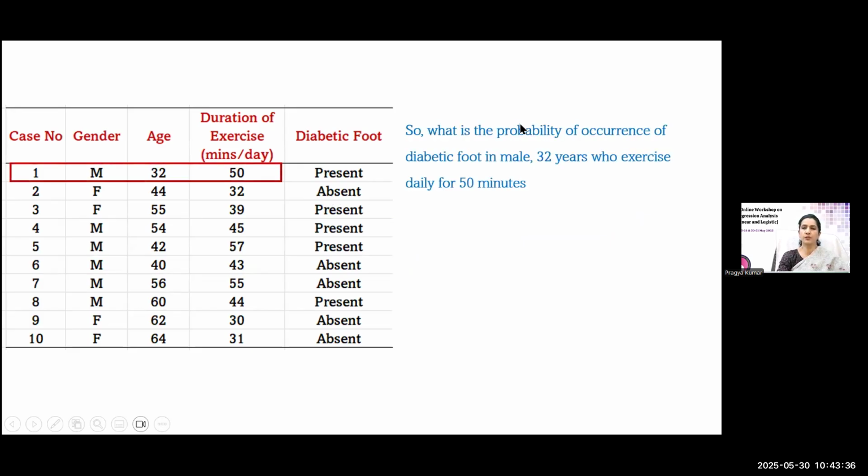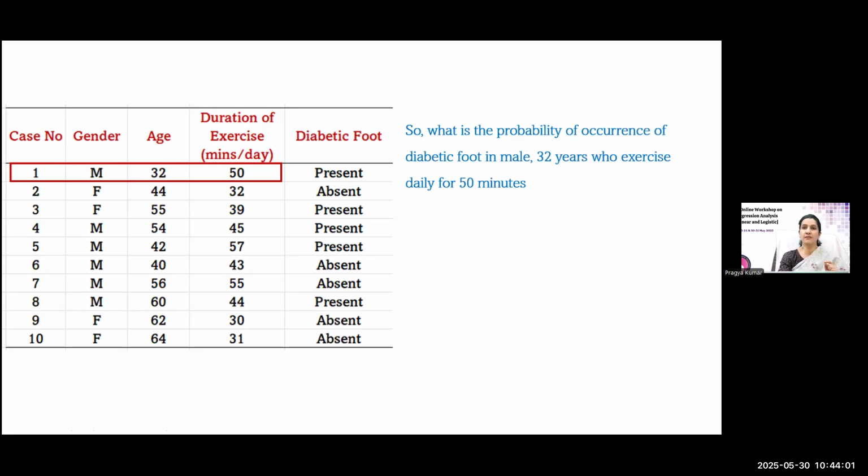So the software calculates the probability of the outcome of diabetic foot in a male of 32 years of age who is doing 50 minutes of exercise per day. That's how the software calculates probability. What is the probability of occurrence of a diabetic foot in a male, 32 years, who exercises daily for 50 minutes?